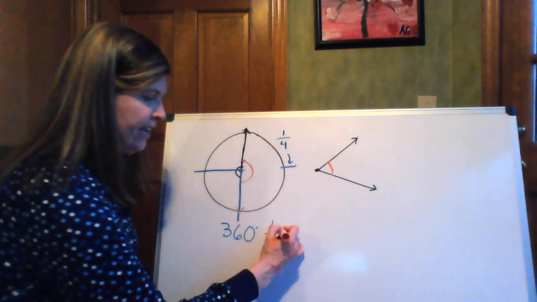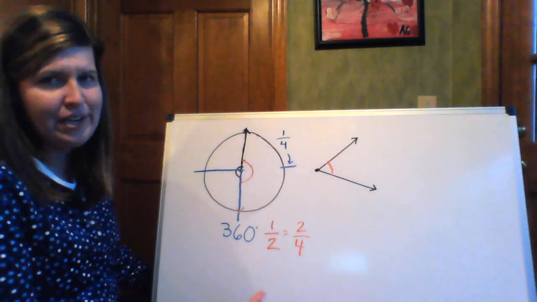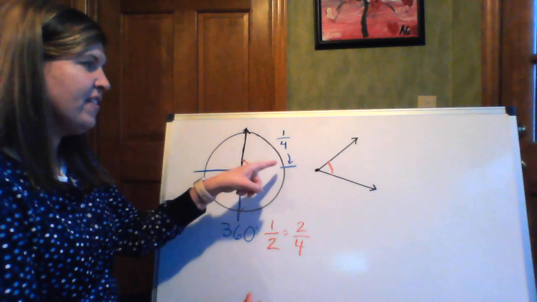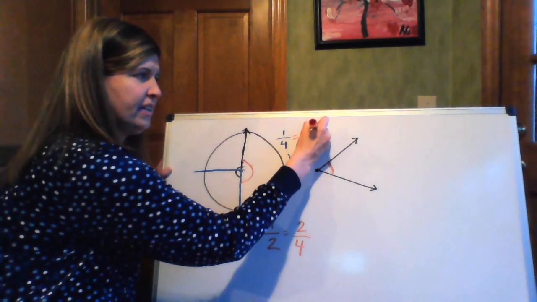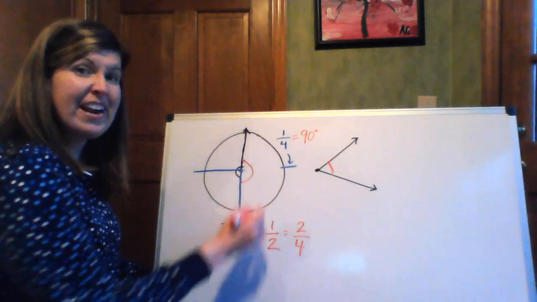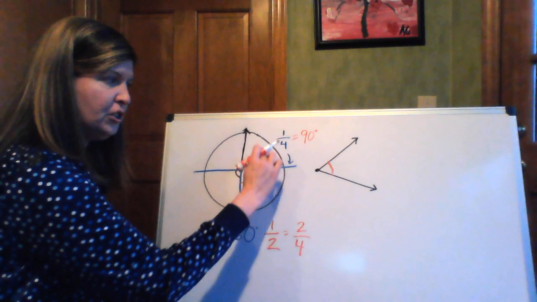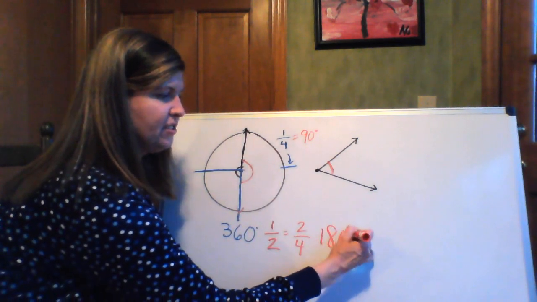I've heard people say 2/4, but we know that's a half because we've already done fractions. So if a quarter of the turn is 90 degrees, a half turn would be 2 90s, which would be 180 degrees.